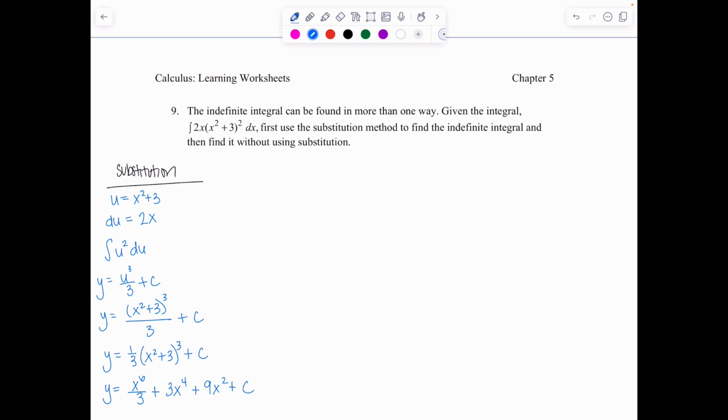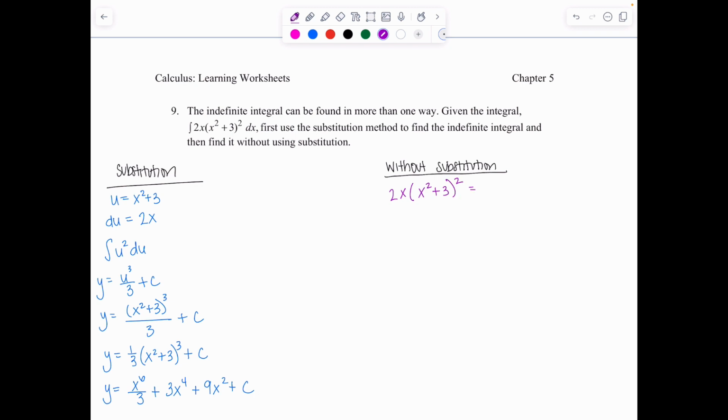Okay. Now, if we want to do it without substitution, then I'm going to start by multiplying at the beginning. So we have 2x times (x squared plus 3) squared.